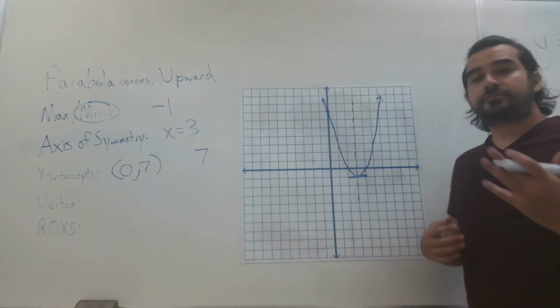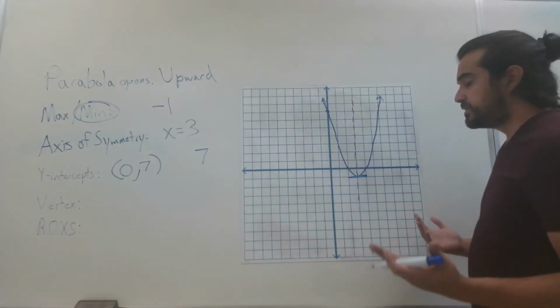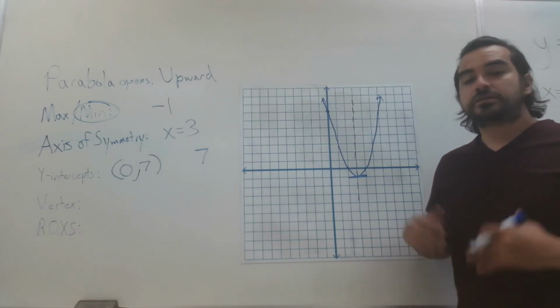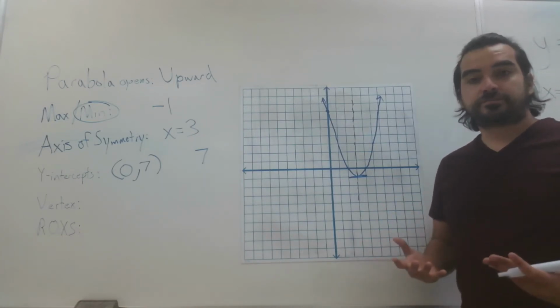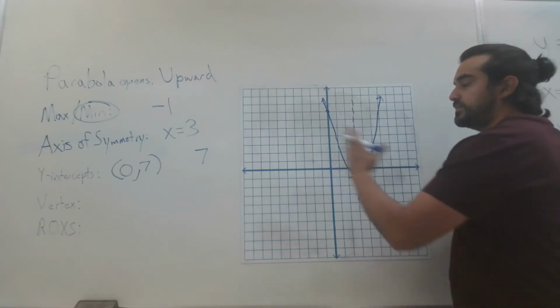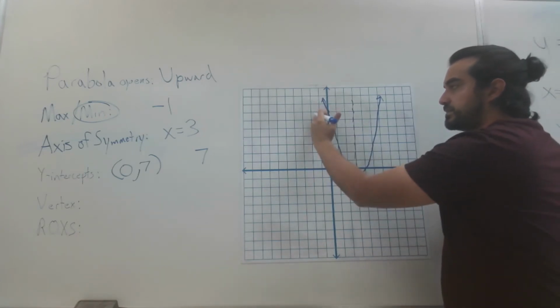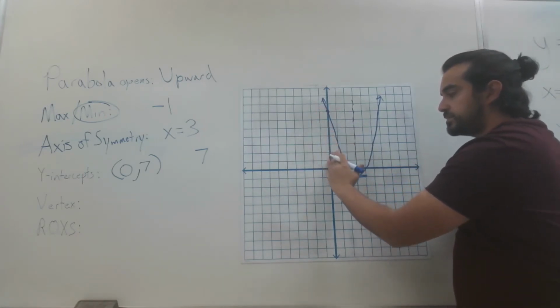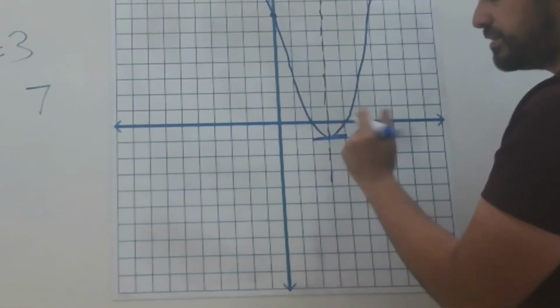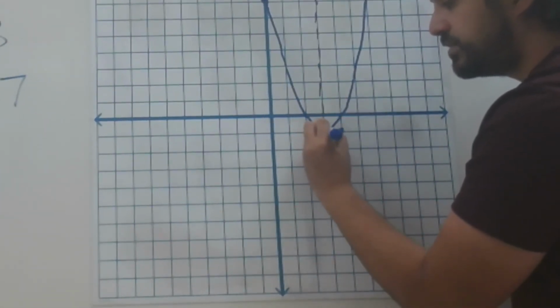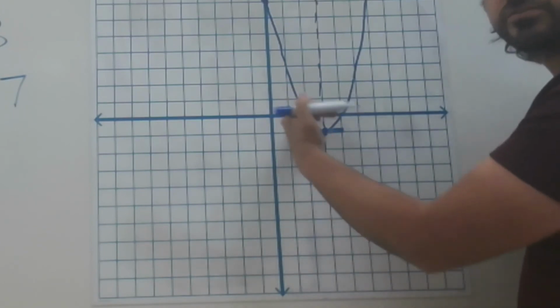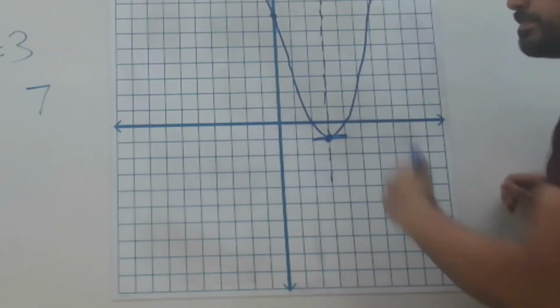Two more things. Vertex. The vertex is the point of the parabola where the graph changes direction. So in this case, if I'm going from left to right, the graph is going down. So the vertex is going to be right here, because at this point, the graph, instead of going down, starts going up.